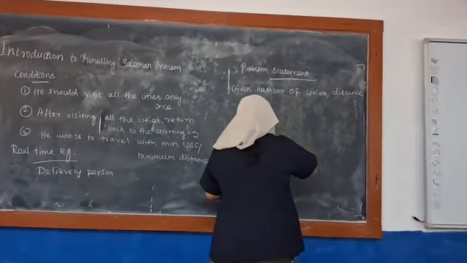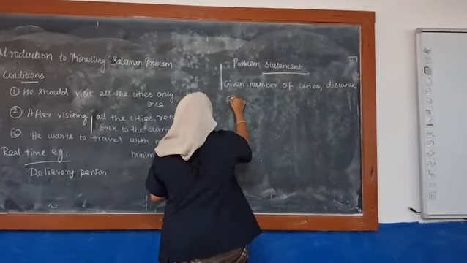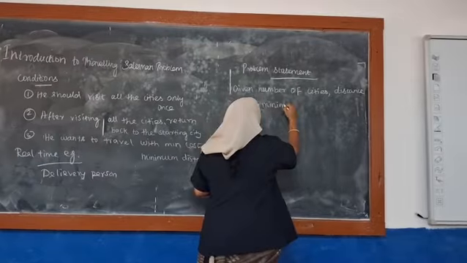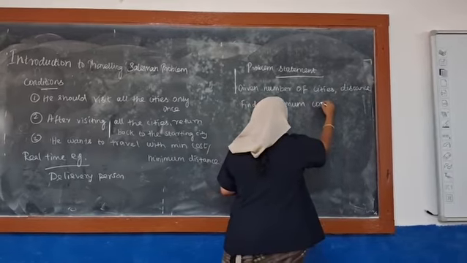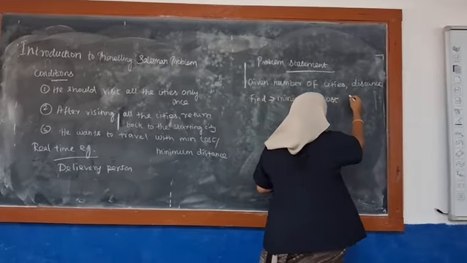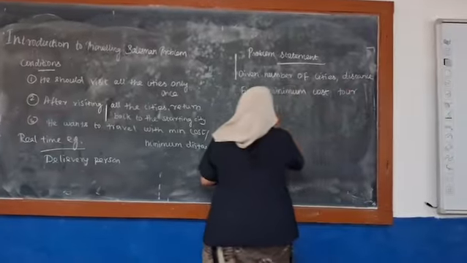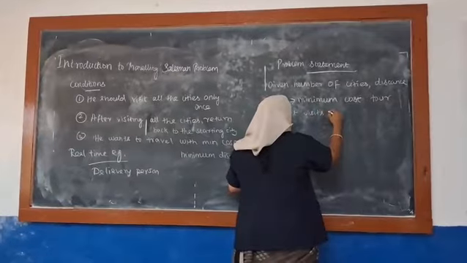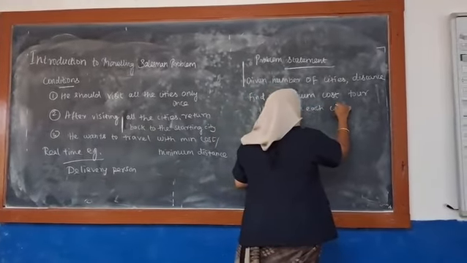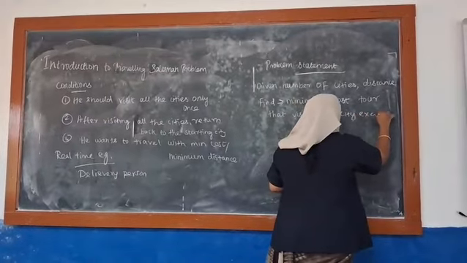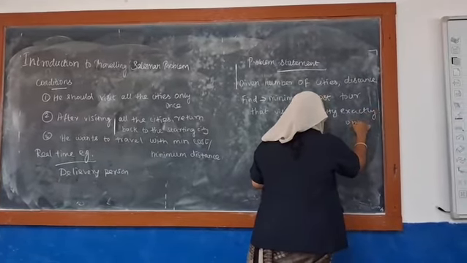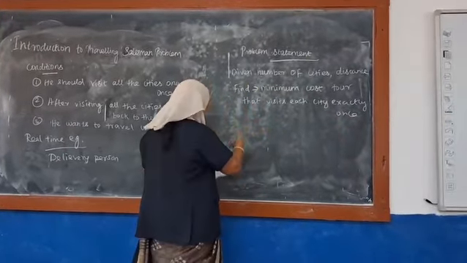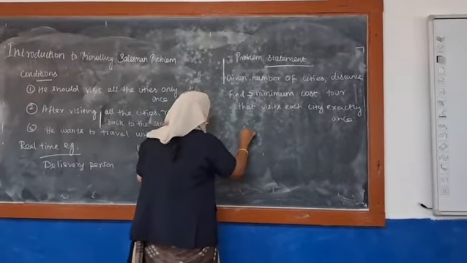Our goal is to find the minimum cost that visits each city exactly once, and it has to come back to the starting city. Let us take an example.